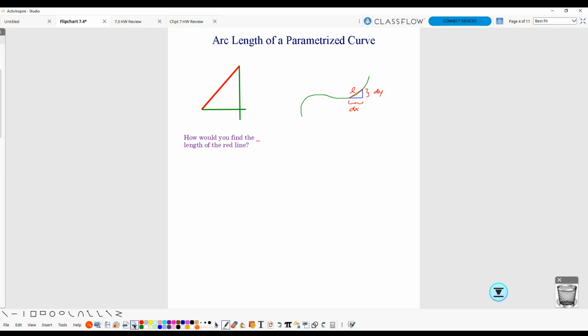Like we just did with the triangle on the first thing, we did Pythagorean theorem, so that was square root of dx squared plus dy squared. Kind of weird. What do we call that? This equals dh, this is distance formula or Pythagorean theorem.